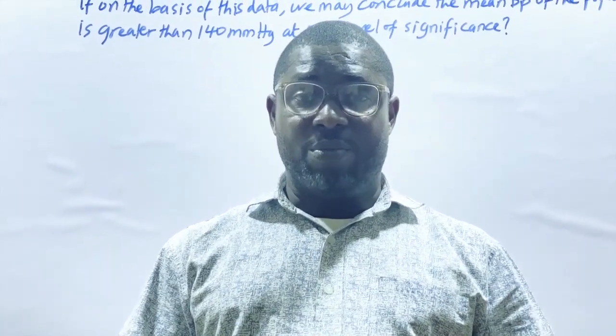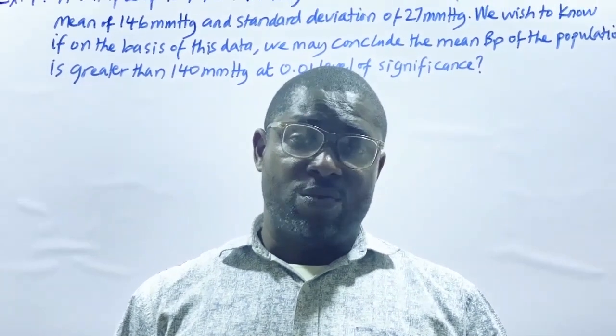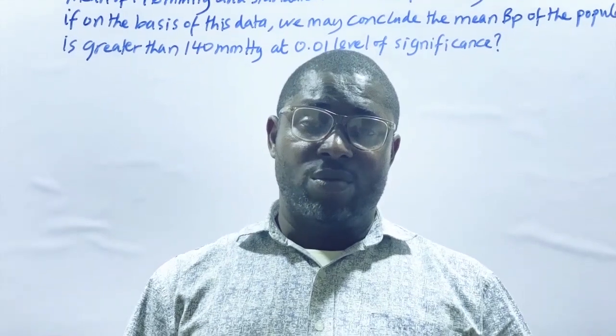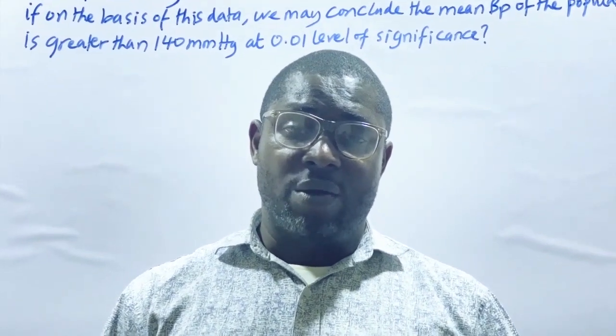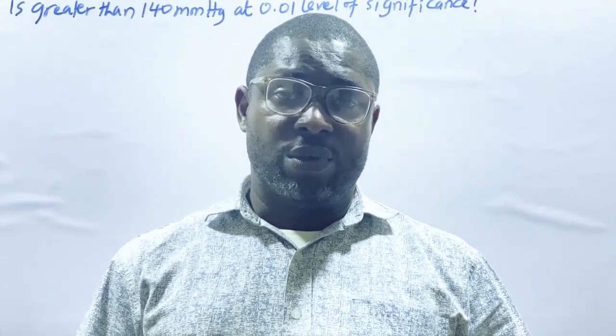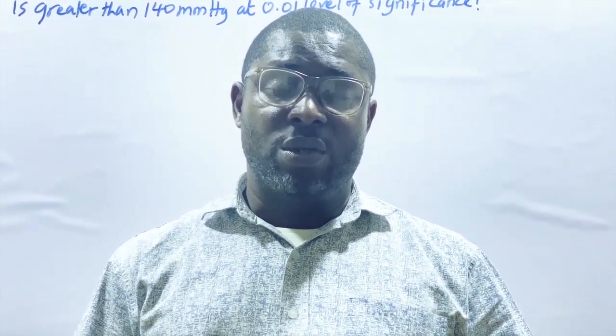It's about the same thing, but rather than using T, we're going to use Z, and we're going to see how we relate that figure on our table and decide what to do after the sample has been taken, comparing it with the population.